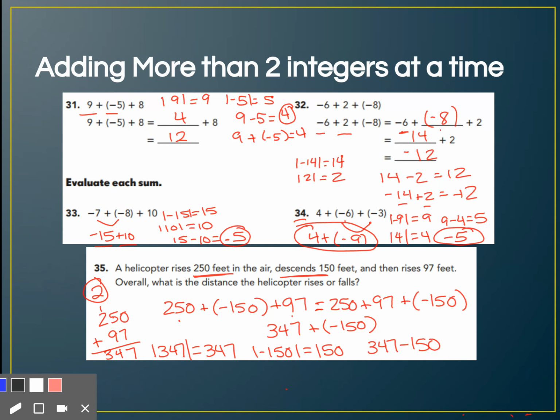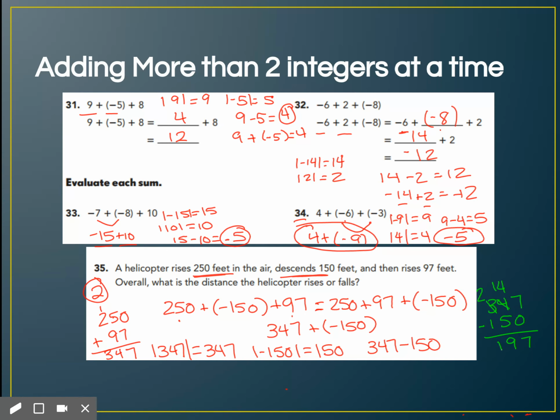So I'm going to do that vertically again, just so I'm not making any mistakes. 7 minus 0, of course, is 7. I would need to borrow here since 4 is smaller than 5. So 14 minus 5 is 9, and 2 minus 1 is 1, so 197.